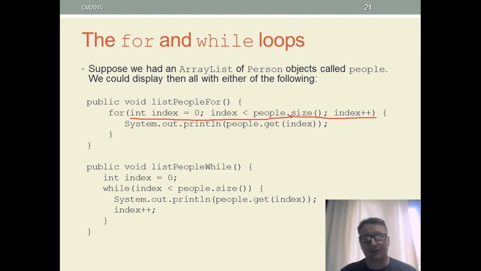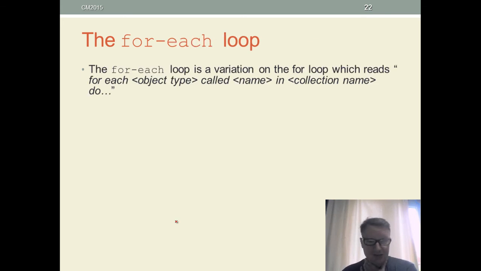For arrays, it was people.length, and then we can do something. Here we're just printing out the particular element, so I'm using .get(index) to print something out. You can do the same thing with a while loop down here. It's exactly the same process, just move things around slightly, and you can investigate that yourself. So for loops and while loops, pretty standard.